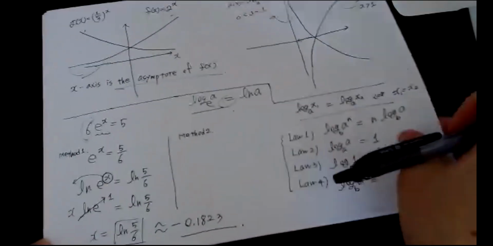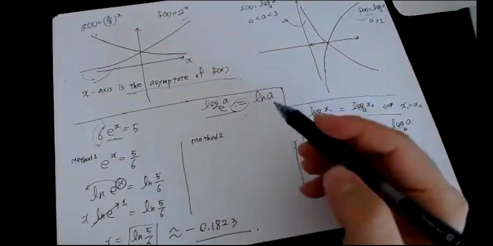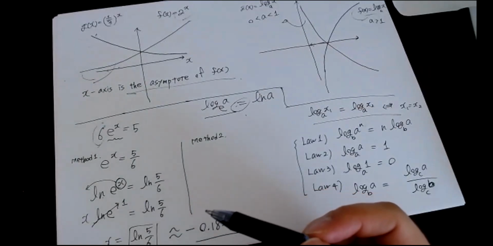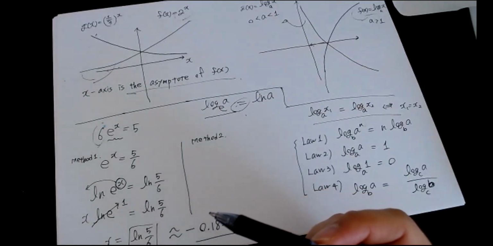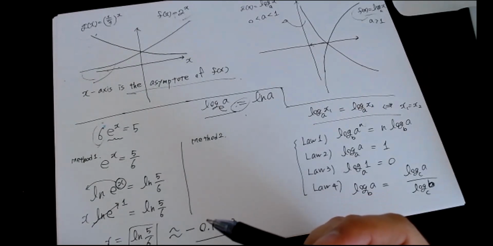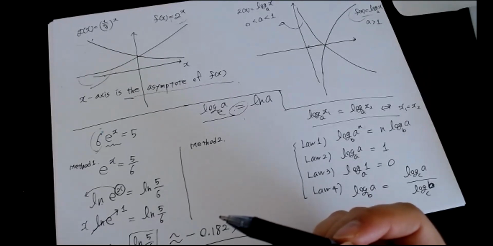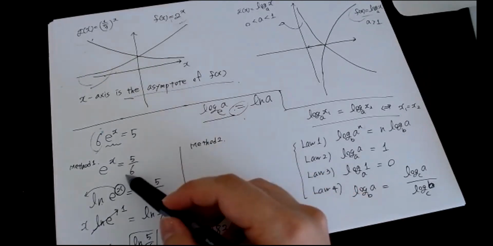So what about the second method? Without using the natural log laws, I'm going to figure out the equivalent log expression of the exponential expression.